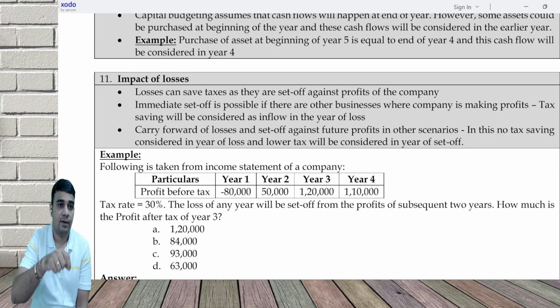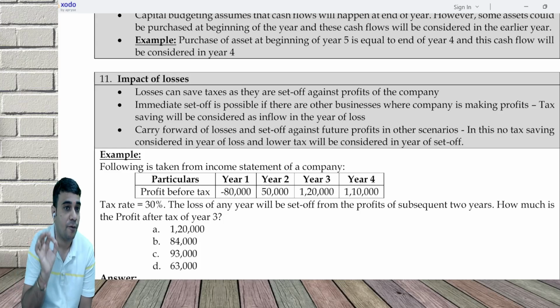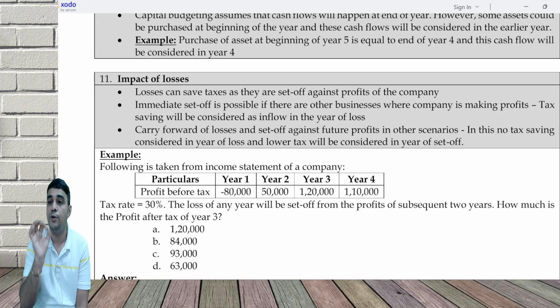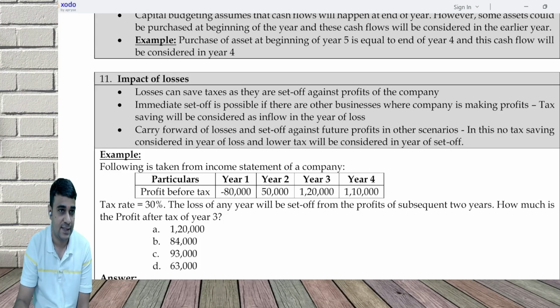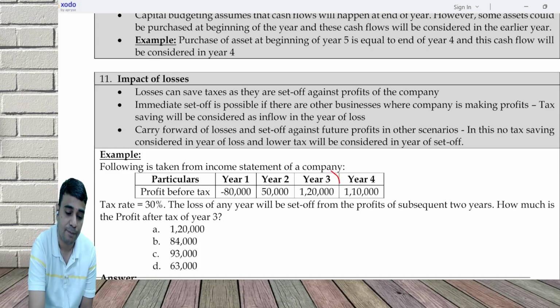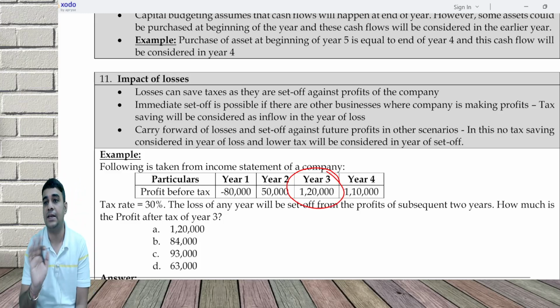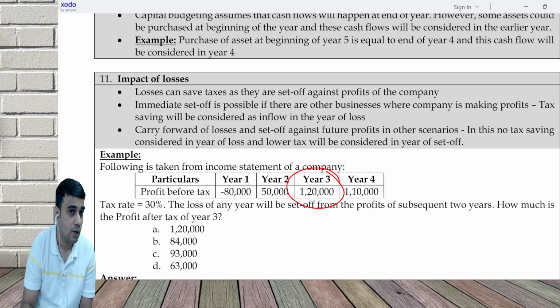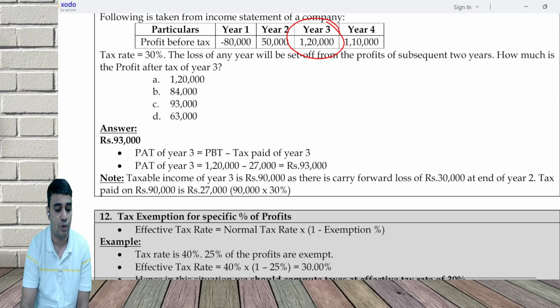Minus 80 is there, 50,000 is gone, another 30,000 is still left over, that is written off. 90,000 is your profit before tax. Taxable PBT is 90,000. On that you pay 30%, which is 27. This 27 will be subtracted from 120. My PBT does not go down, my taxable income goes down.